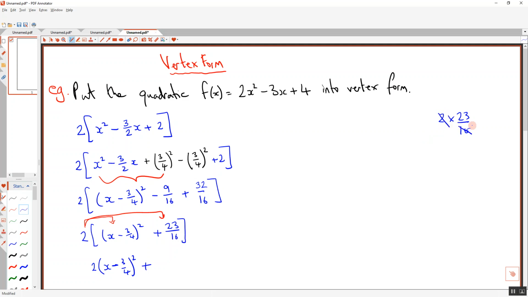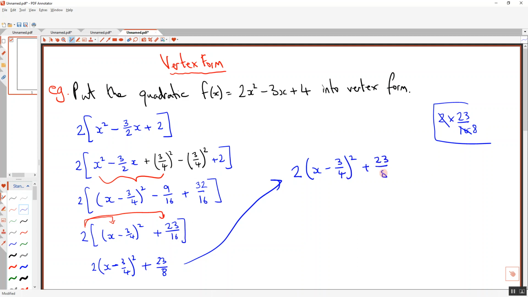Yep, so that goes with 8 of those. So doing it like that automatically simplifies it for you. Okay? So it is equal to 2 bracket x minus 3 over 4 squared plus 23 over 8.